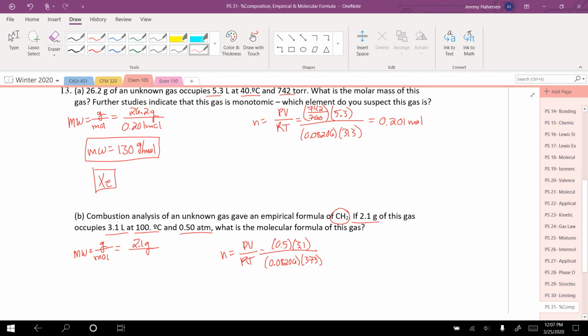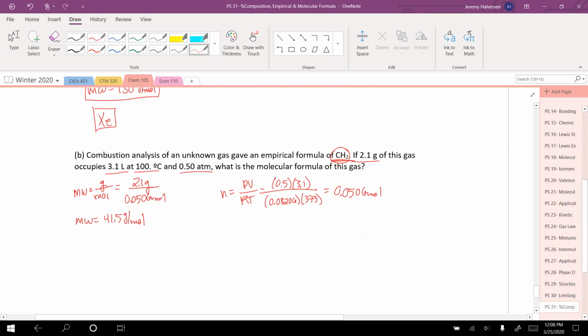That gives me 0.0506 moles. So now I can find my molecular weight, which is 41.5 grams per mole.